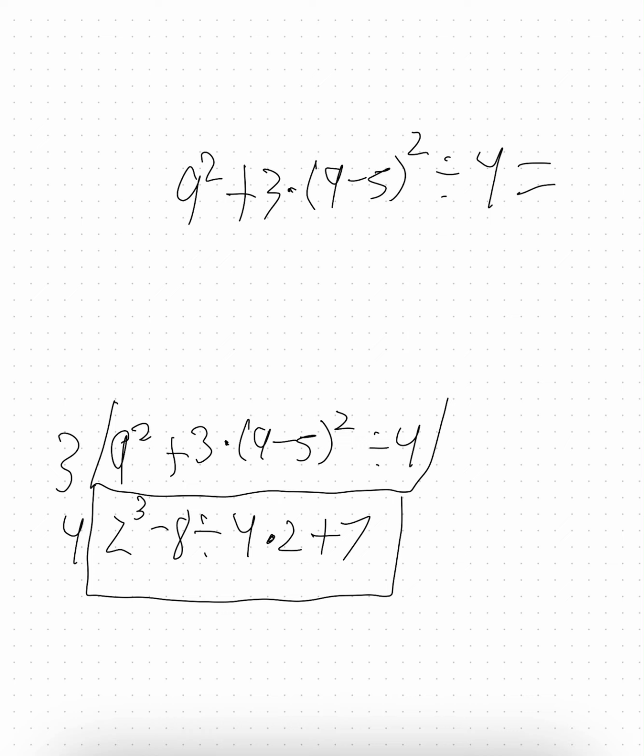Well, I see we have grouping symbols first. What is 9 minus 5? Right here. It's 4, right? So we have 9 to the second power plus 3 times 4 to the second power divided by 4.